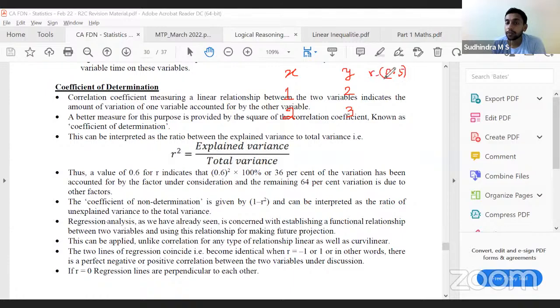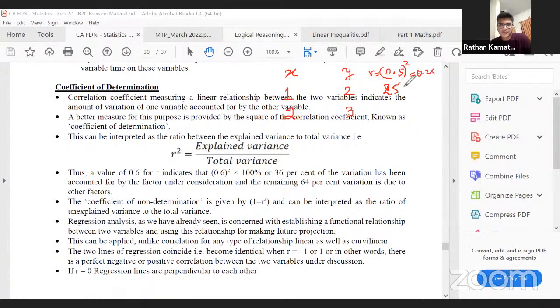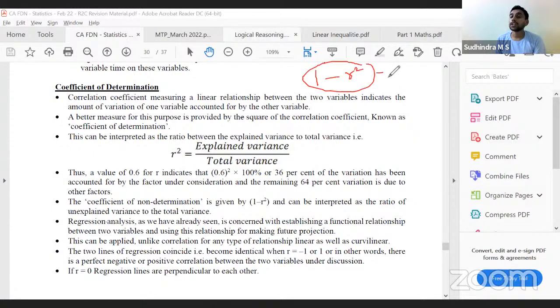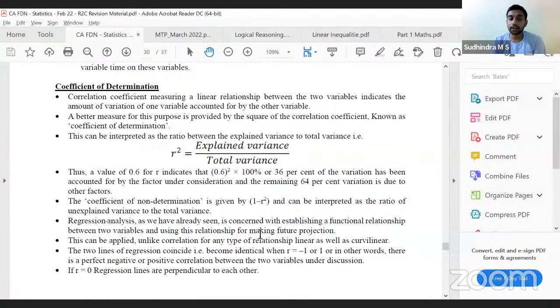This is R. What would be the coefficient of determination? 25%. 0.5 the whole square, which is 0.25, 25%, which means that of this change in Y that we are looking into, 25% is because of change in X. The balance, that is 75%, is because of other factors. So that is the coefficient of determination, R square. If I calculate 1 minus R square, we get the coefficient of non-determination.